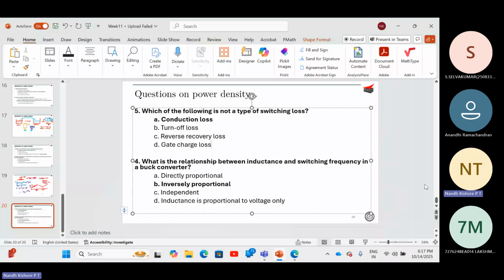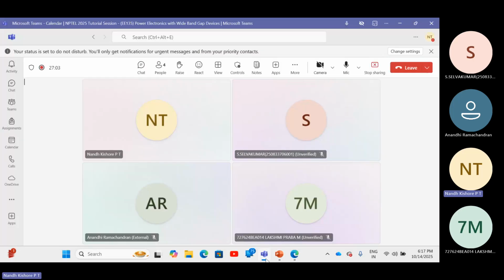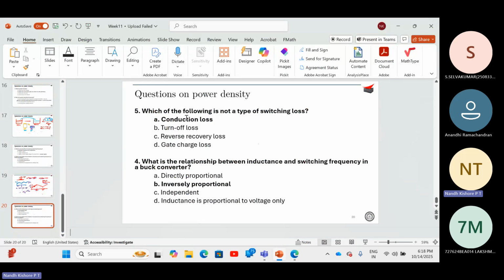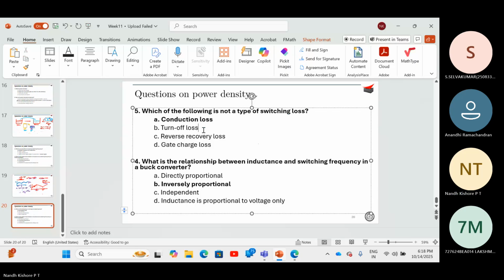Reverse recovery happens once during every switching of the device. When it stops conducting in the reverse direction, reverse recovery loss happens for the antiparallel diode of the device. I hope my voice is audible. Gate charge loss also happens due to switching. So the correct answer would be conduction loss.